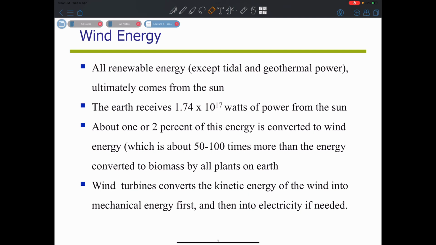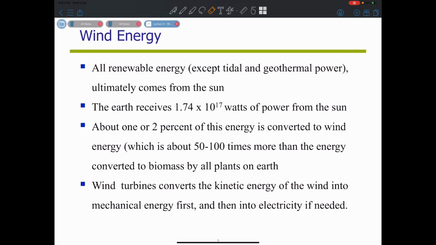First of all, renewable energy, except for geothermal and tidal power, comes unlimitedly from the sun, and the earth receives 1.74 times 10 to the power 17 watts of power from the sun.